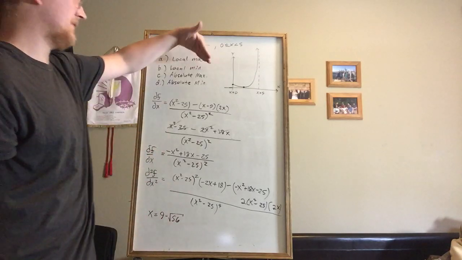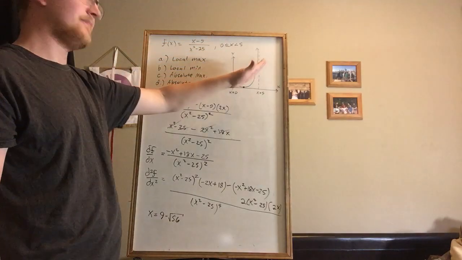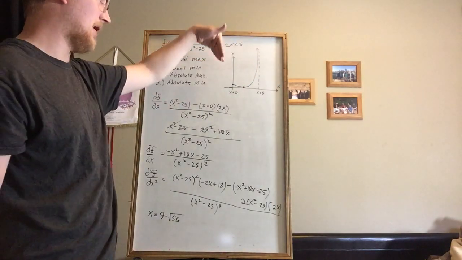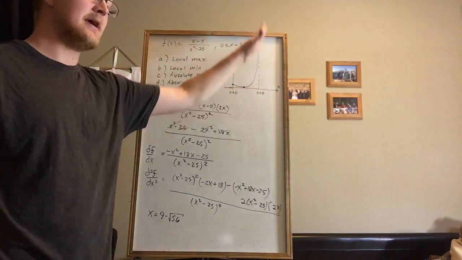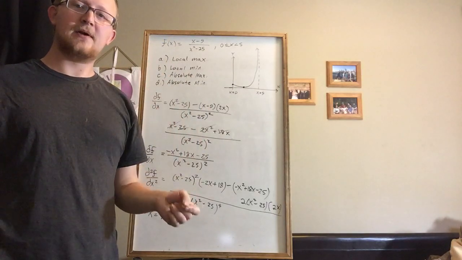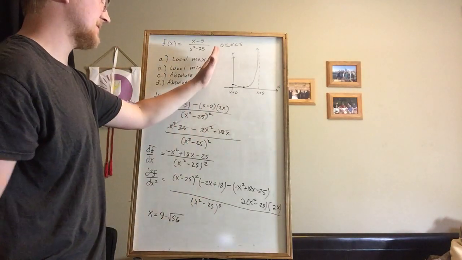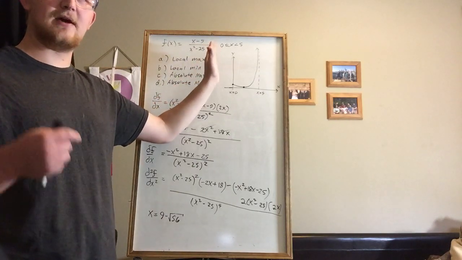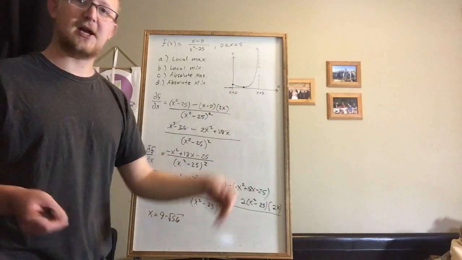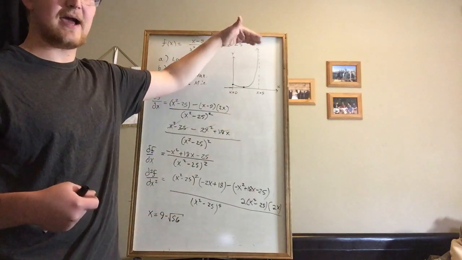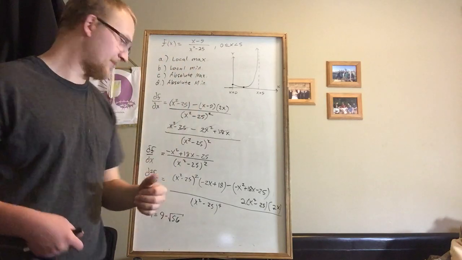Now, if the change of the slope is positive, if the slope is getting more positive as the graph goes from left to right, that's going to be concavity up, and that's going to be a positive value. If the slope of the graph is changing, so the rate of change of the rate of change is going down, then that's going to be a concavity down.